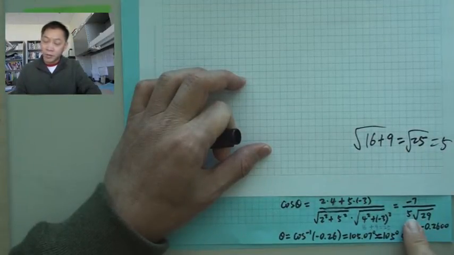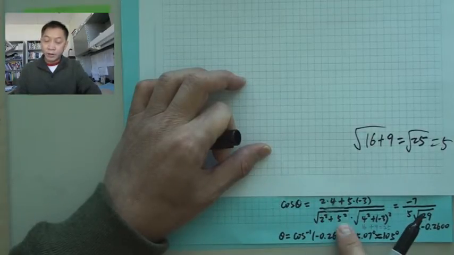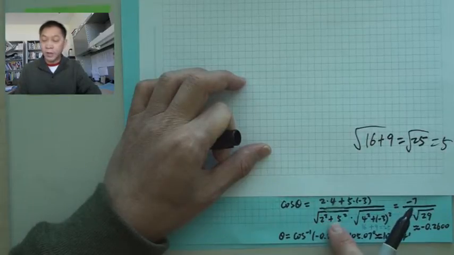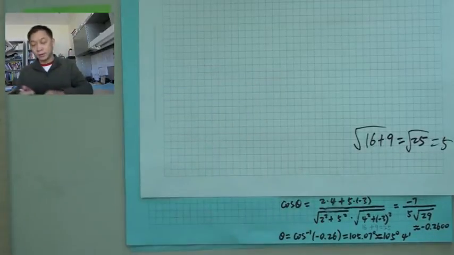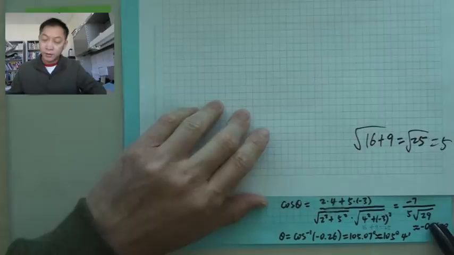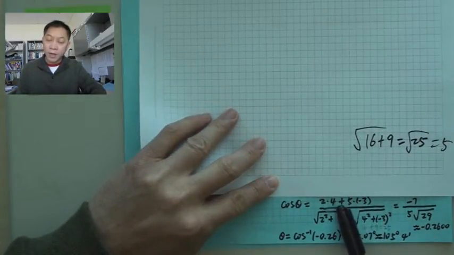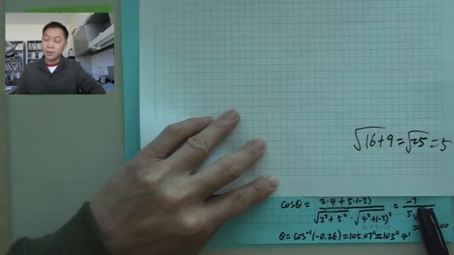This is how 5 comes out. Okay, and here 5 squared is 25. 2 squared is 4. So 4 plus 25 is 29. Okay, so then 29 stays inside the radical sign. And upstairs, that's -15 plus 8, which is -7.